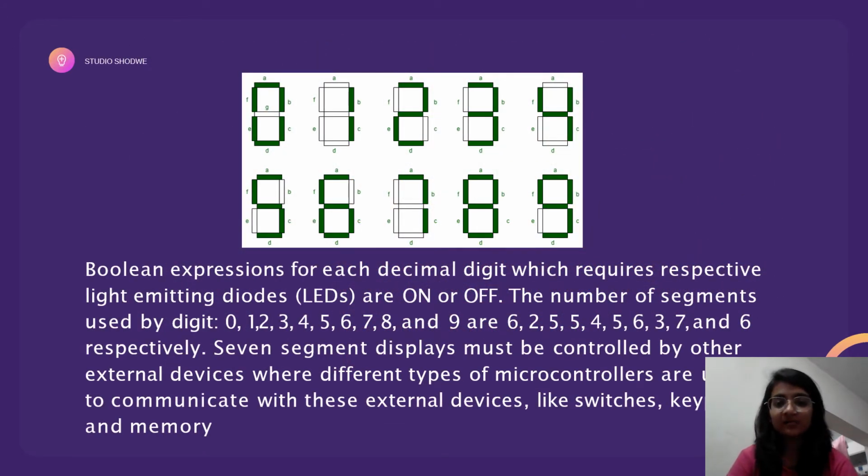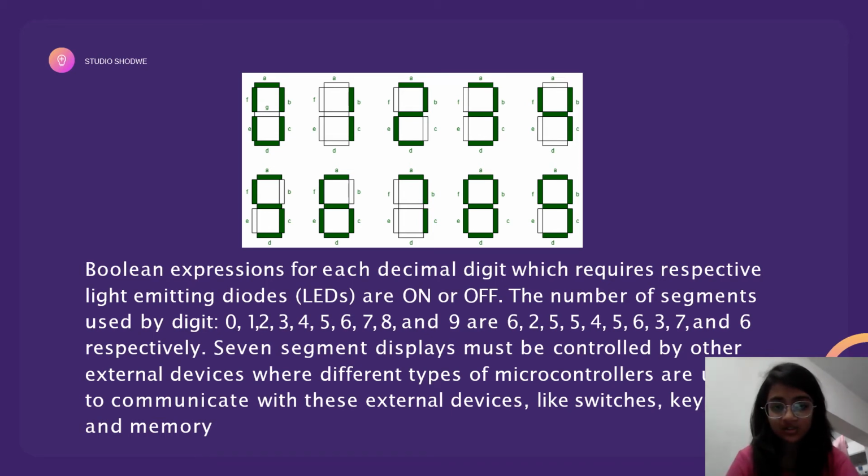So this is how we can display each number from 0 to 9 using different combinations of LEDs. If you want to display the number 2, then we can turn on LEDs A, B, E and D. And if you want to display number 7, we can turn on LEDs A, B and C. So the number of segments used by the digit 0 is 6.